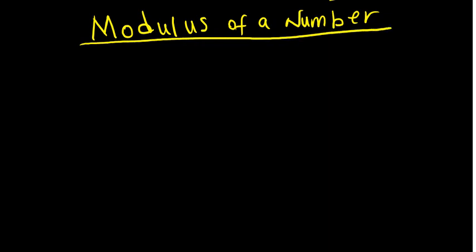So the modulus of a number is just written like this, the absolute value of r. So this is the modulus of a number.